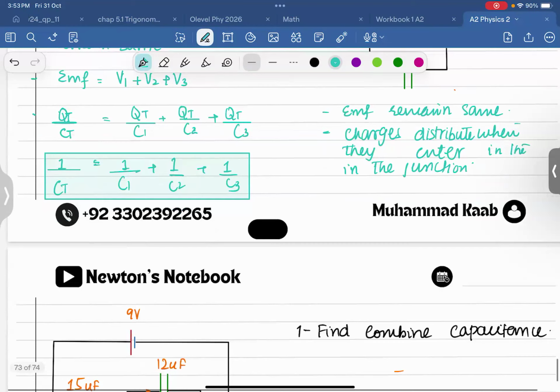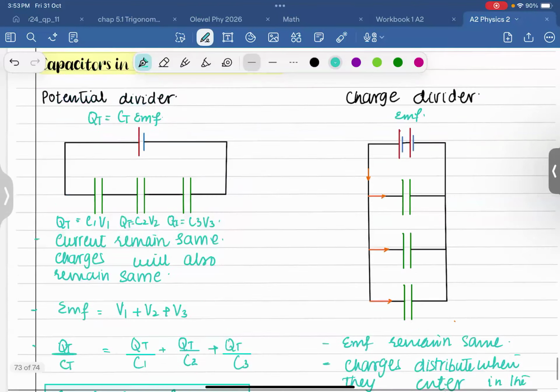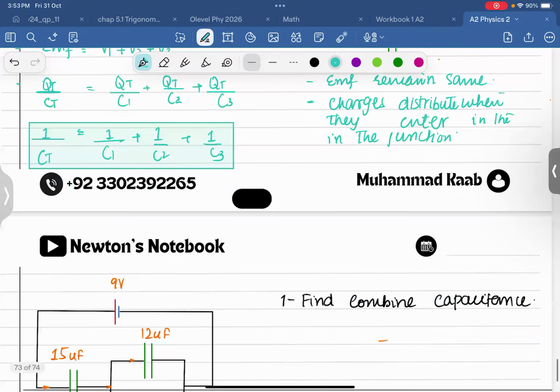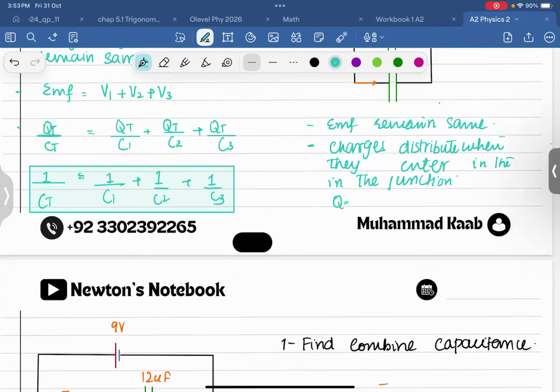So we can say that Q total is equal to Q1 plus Q2 plus Q3, right? This is a simple concept.